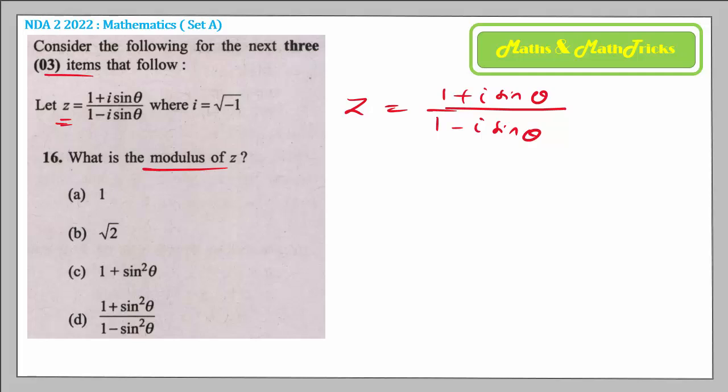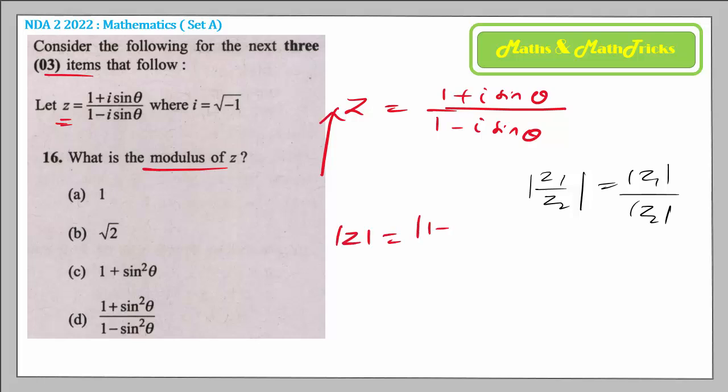So you must remember the property: mod of Z1 by Z2 is equal to mod Z1 by mod Z2. So modulus of this particular complex number you will calculate by applying the property, mod of the numerator upon mod of the denominator. And by the way, numerator and denominator were conjugates of each other. You know that mod of Z is equal to mod of Z bar.